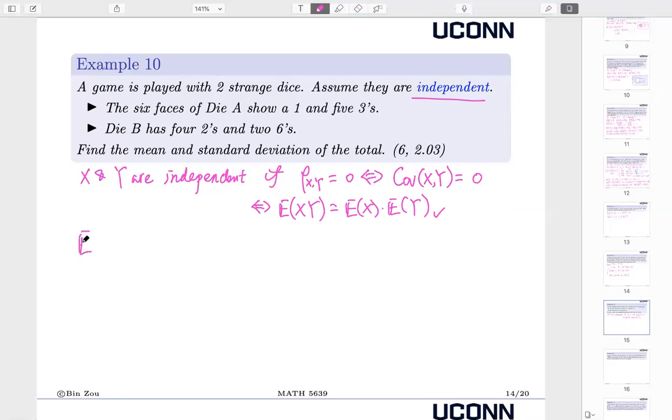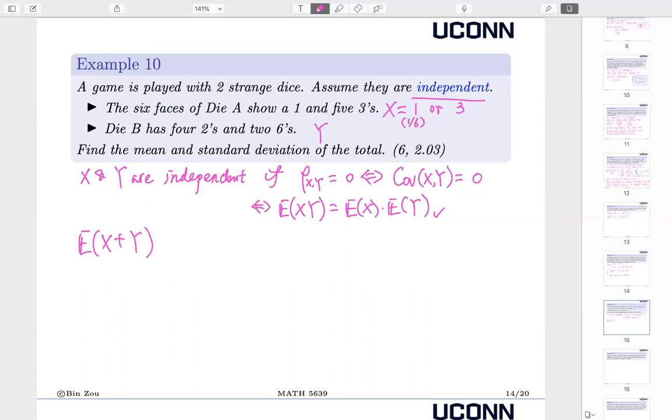then it is straightforward. If we want to know the sum, we can define x as the result of die A, and y as the result of die B, and those are special dice, right? So x can be 1 or 3. What is the probability? Well, there's only one face with value 1, so the probability is 1/6.